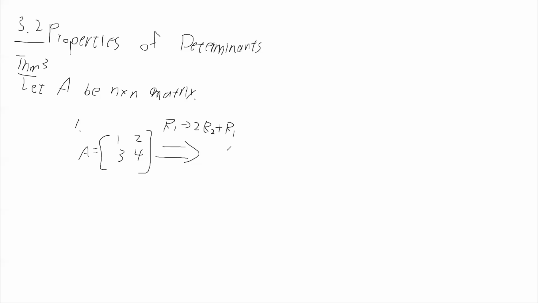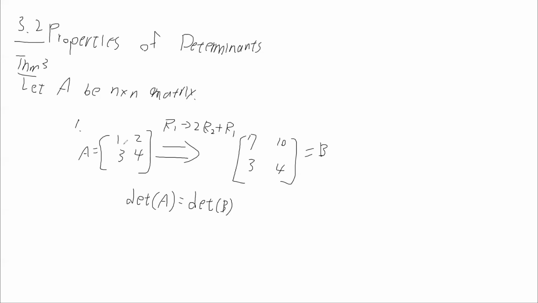All right, and then I get another matrix: 2 times row 2, so 6 plus 1 is 7, 2 times 4 is 8 plus 2 is 10. I'm going to call this matrix B, right? This is one of the elementary row operations that we use a lot when we want to reduce the matrix down to a reduced row echelon form. So this elementary row operation does not change the determinant.